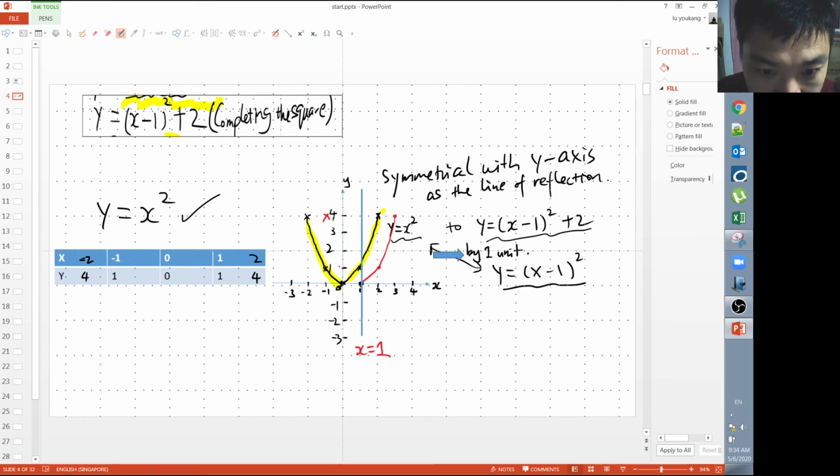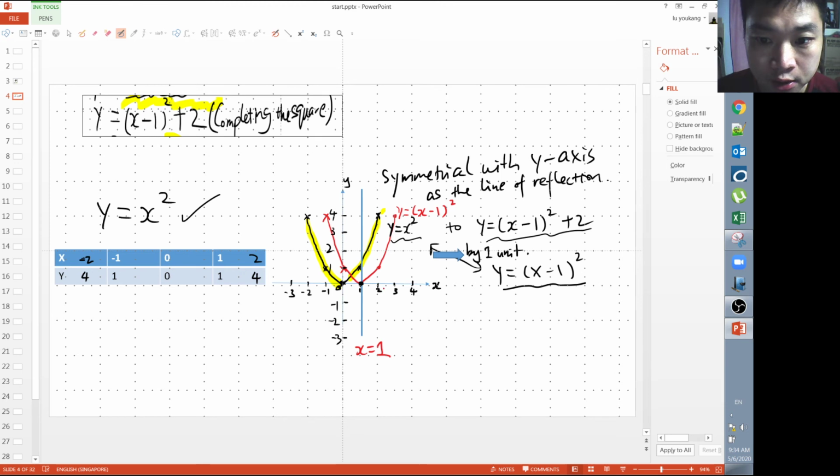So start to draw your left hand side, or rather the red image. Now you have y is equal to (x -1) to the power of 2.